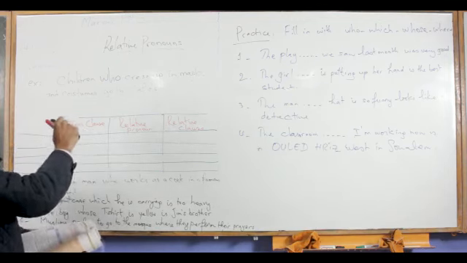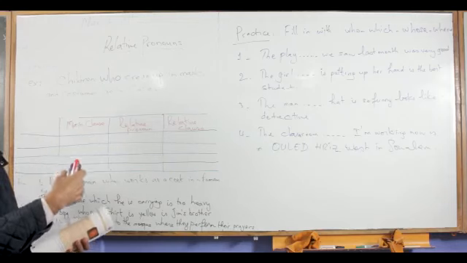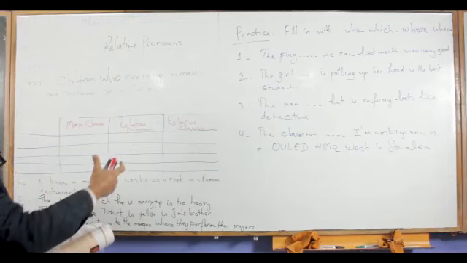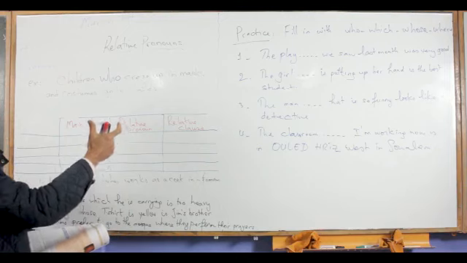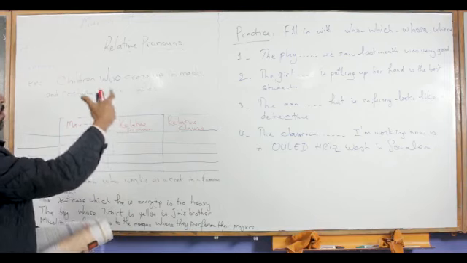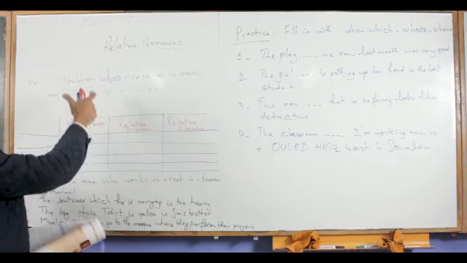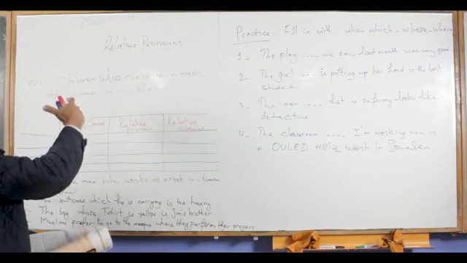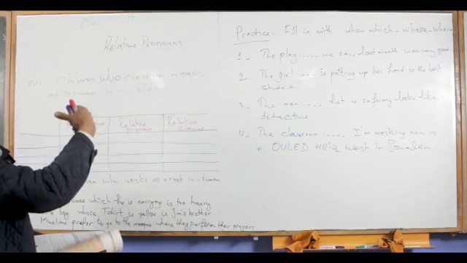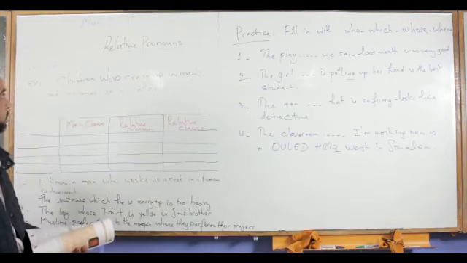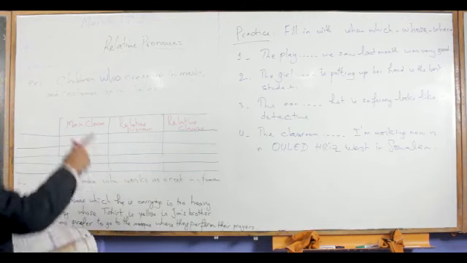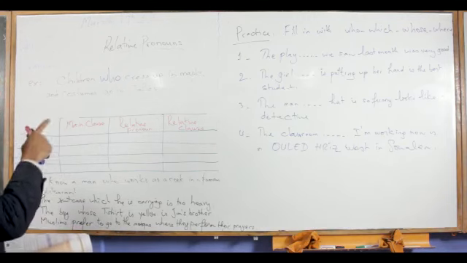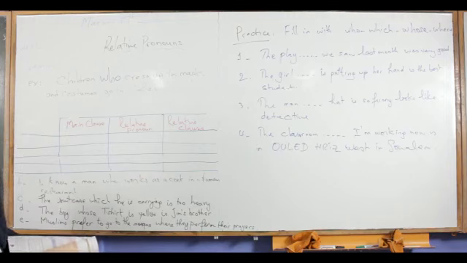The main clause is the sentence which has a complete meaning. The relative clause is the clause which gives more information to the person, the object, the place, or whatever we are speaking about. So the first example, children who dress up in masks and costumes go to cafes.